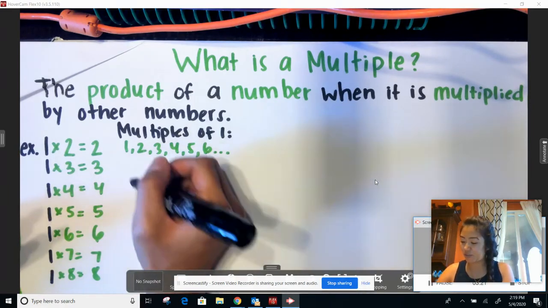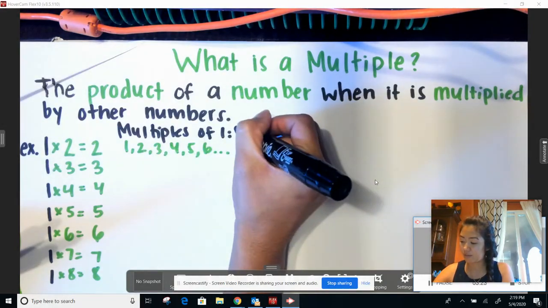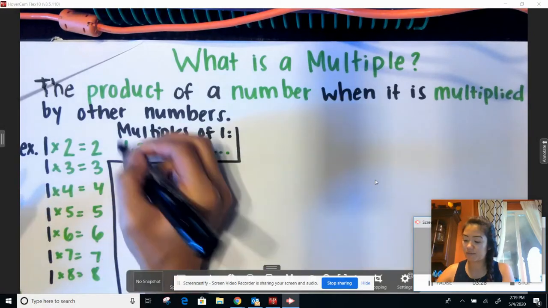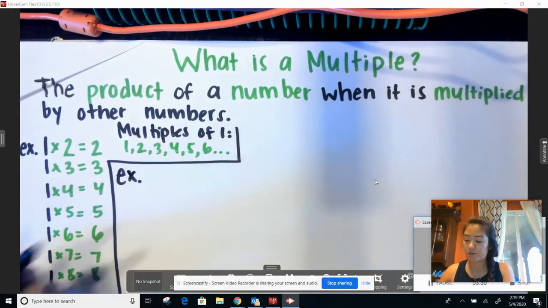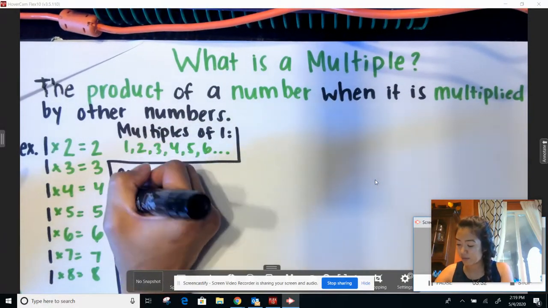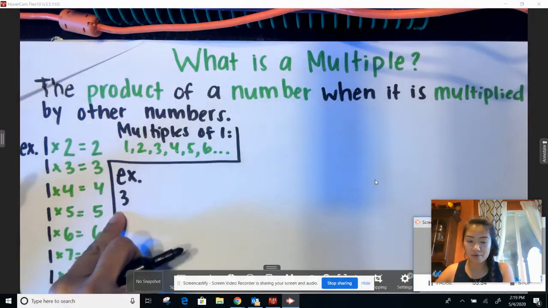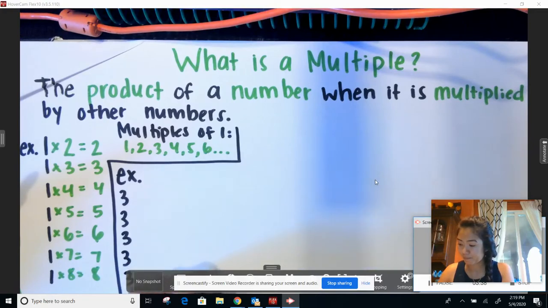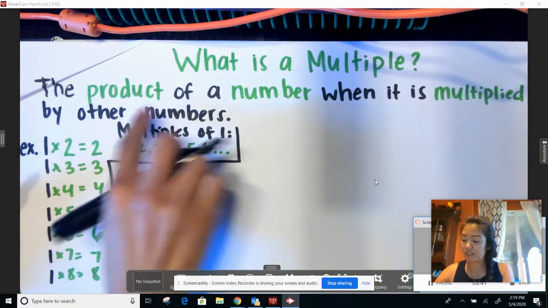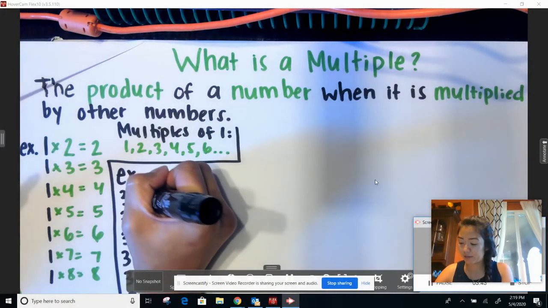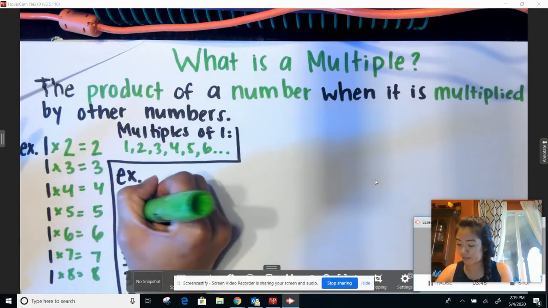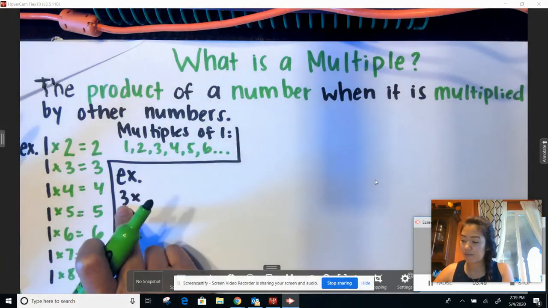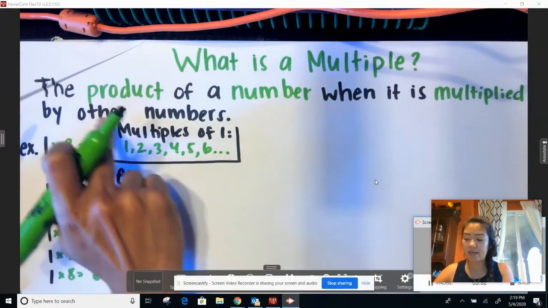Let's go ahead and do 3s. Let me separate that so it doesn't get confusing. Same thing. Here's my number. A multiple is a product, so I know that I need to multiply. Product of a number when it is multiplied by other numbers.